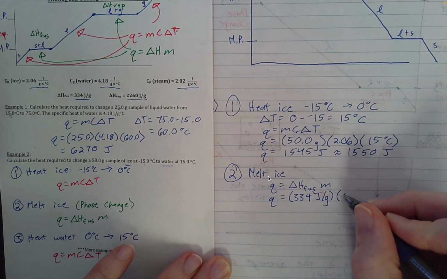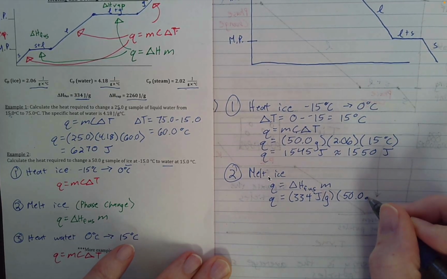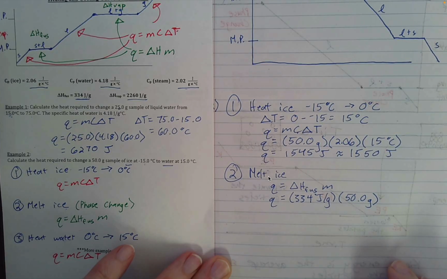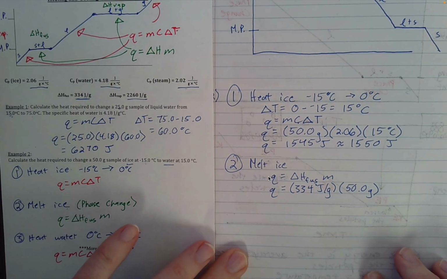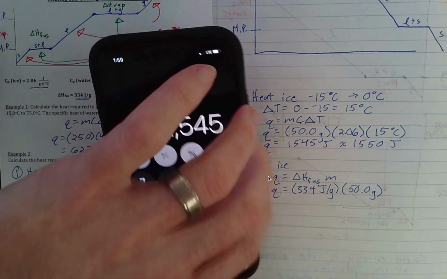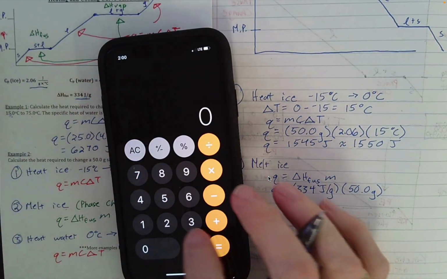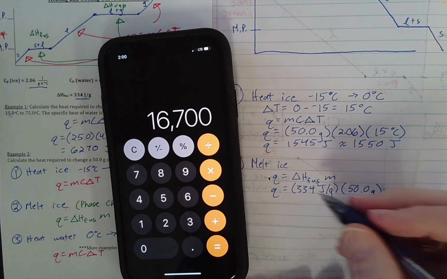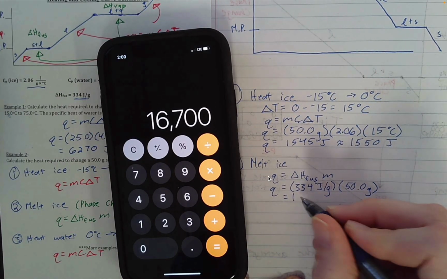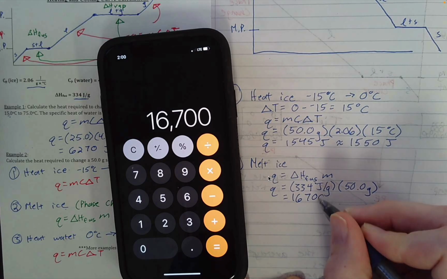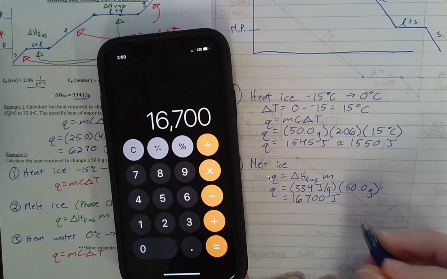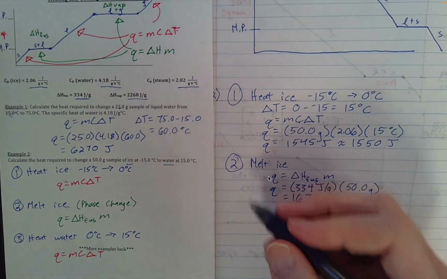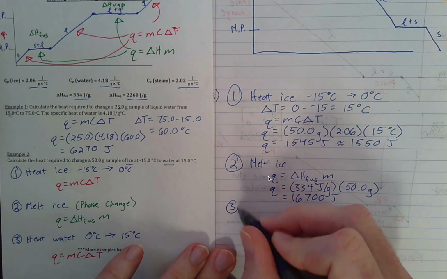And then the mass was, again, still 50 grams. The mass doesn't change. All right. So those two numbers multiplied together, 334 times 50, gives us 16,700 joules.